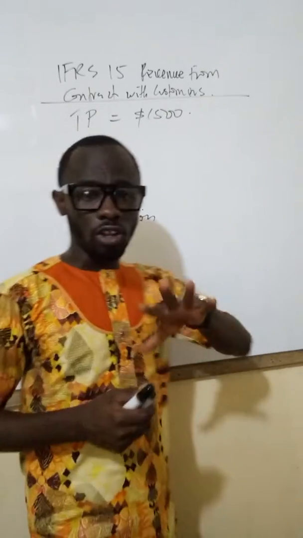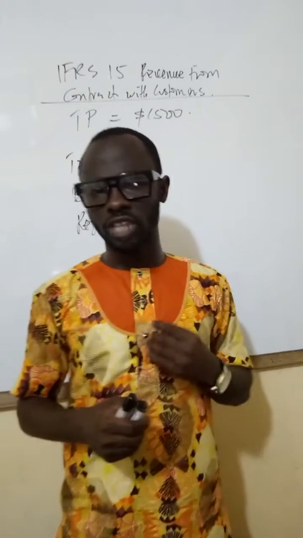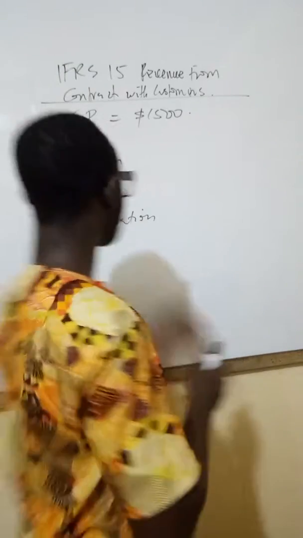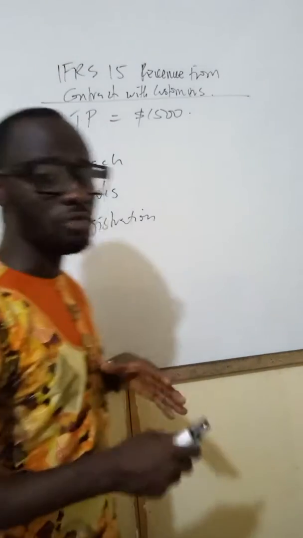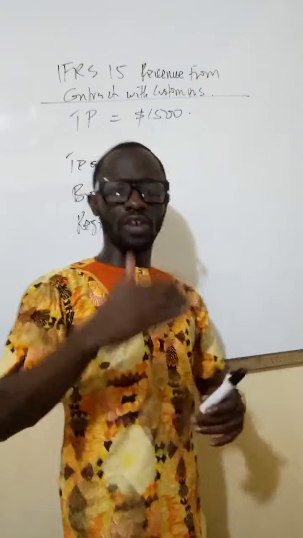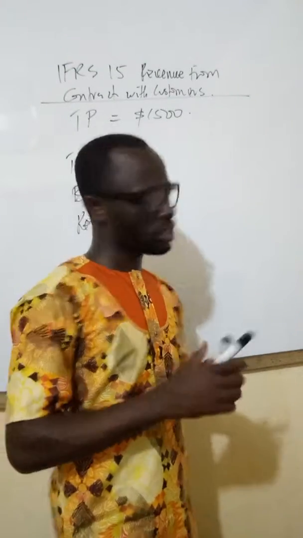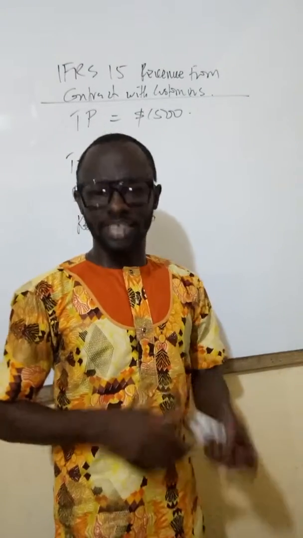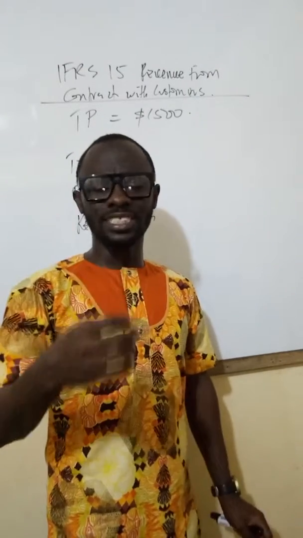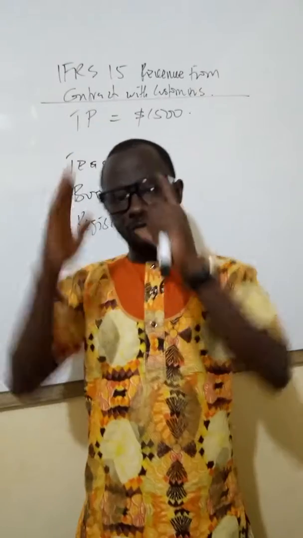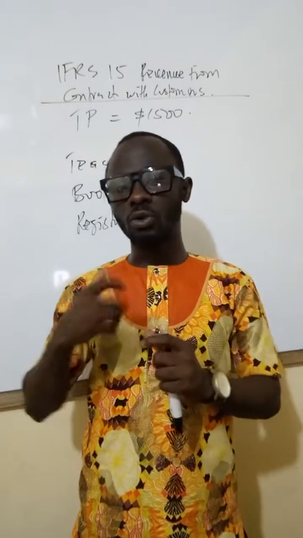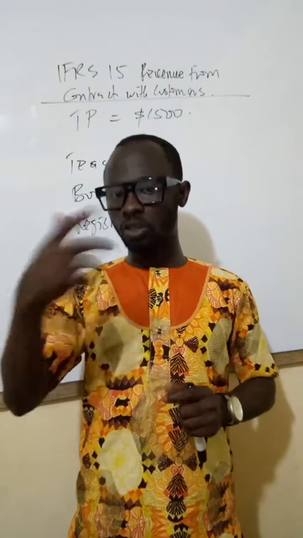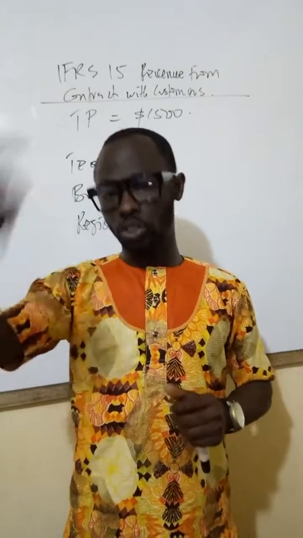That becomes the 4th point, where we allocate the transaction price to each performance obligation. So these are the various activities or services that I'm going to render to you under this contract. So using the standalone price, the standalone price is simply the price at which a performance obligation could separately be sold for.